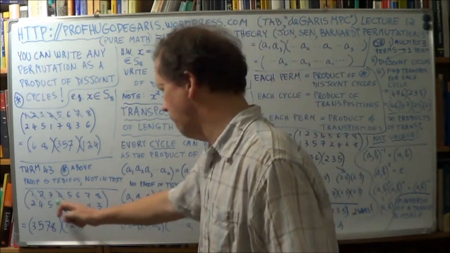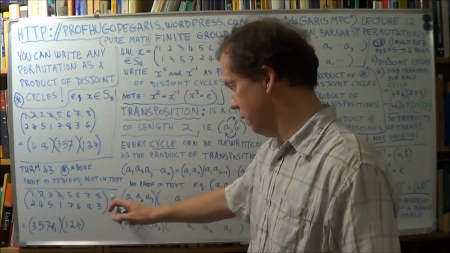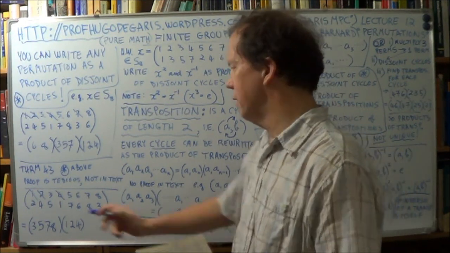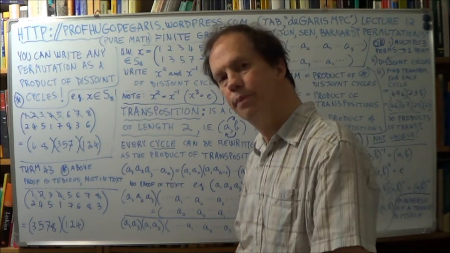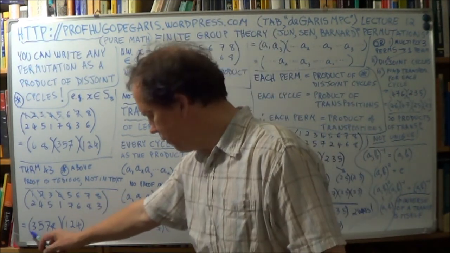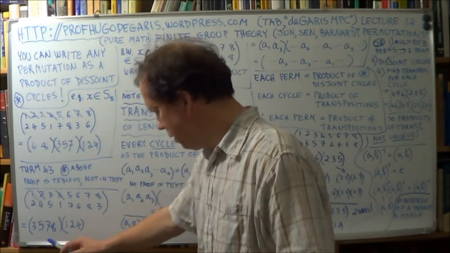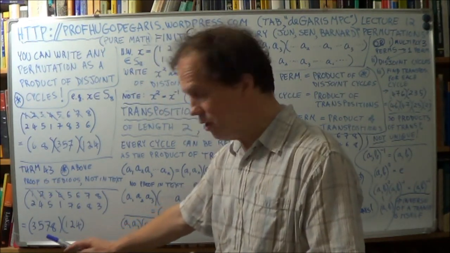Now look, this permutation is permuting 8 objects. So it'll be a member, let's say, of S8, the symmetric group of 8 objects, and the 6 doesn't change. If you look at these numbers here, 1, 2, 3, 4, 5, 7, 8, the 6 is not mentioned.